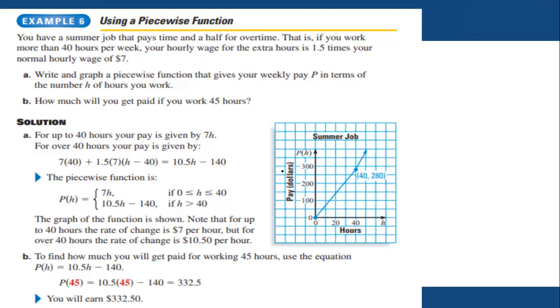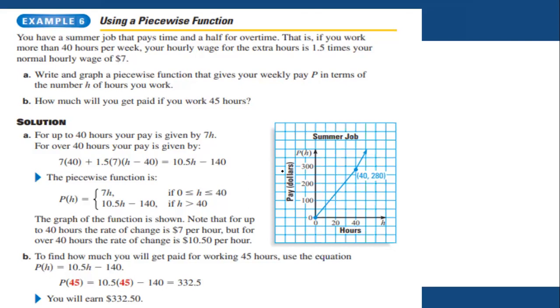your normal hourly wage of 7. So your normal hourly wage is 7 up to 40 hours. But above 40 hours, it will be 1.5 times, which means it will multiply with your hourly wage of 7, so 1.5 multiplied with 7, and then you multiply with the extra hours.